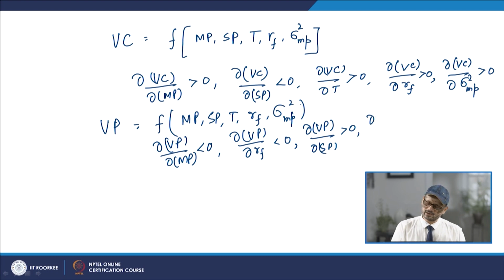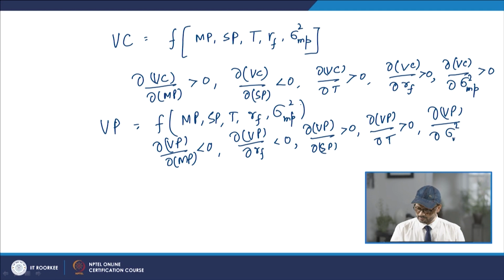Similarly dou of VP upon dou of T will be more than 0, and dou of VP upon dou of sigma square MP will also be more than 0. This way these factors have different effects on the call or put valuation with respect to their own changes.